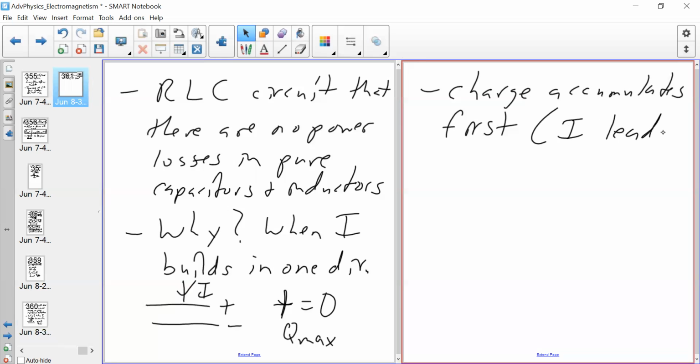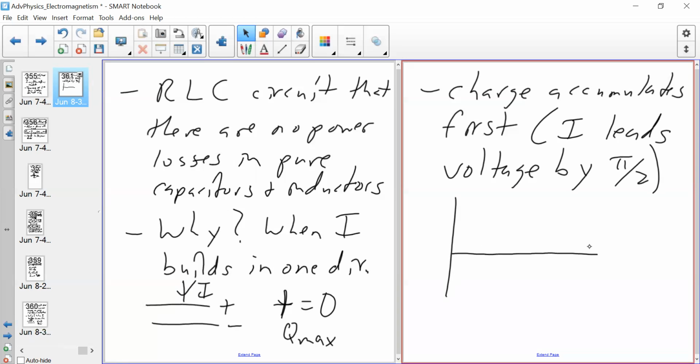Okay, so as I was saying, current leads voltage by 1/4 of a cycle, pi over 2. And so we can look back at the graph of the current and voltage with the capacitor. We have maximum current at a time when the voltage is equal to 0.